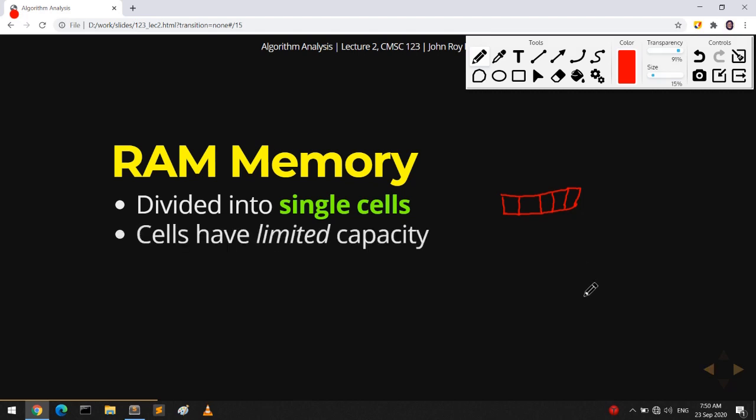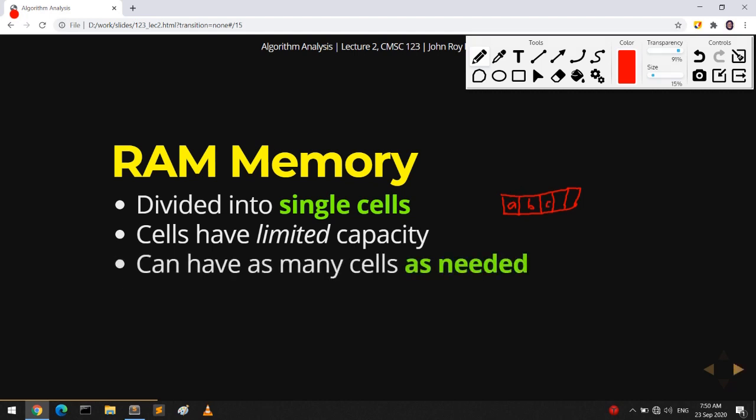And each cell has a limited capacity. So you can actually only store one thing in here, right? So putting A, B, C, and so on. So each cell will only store one item, but you can have as many cells as needed. Okay, so in essence, you have an unlimited number of memory cells.